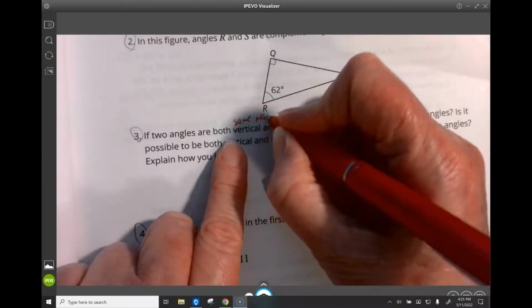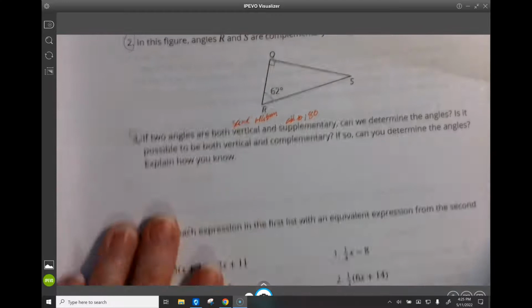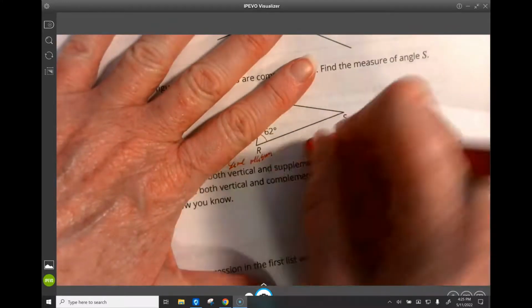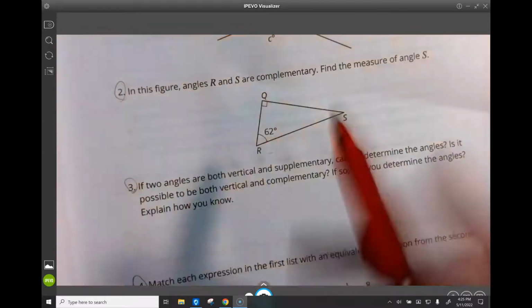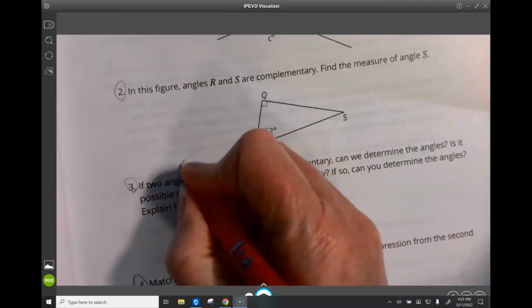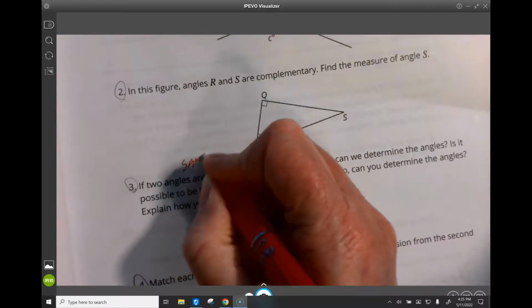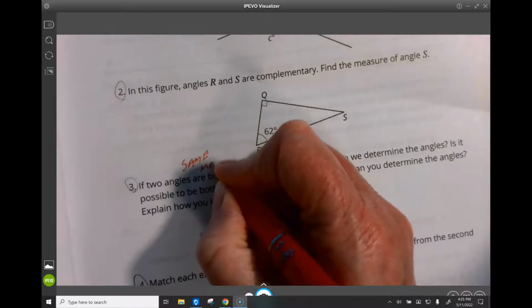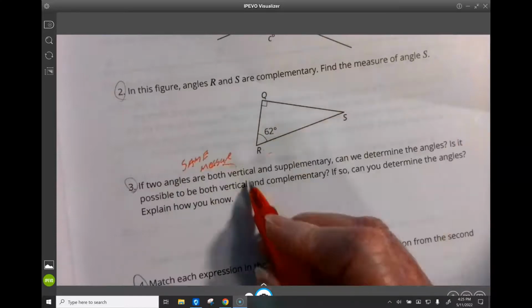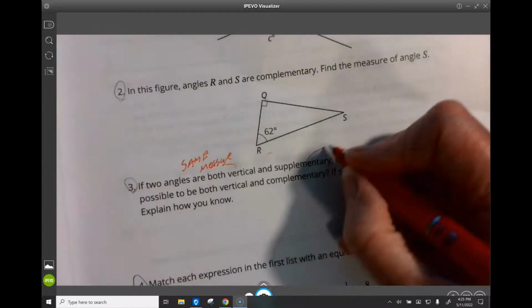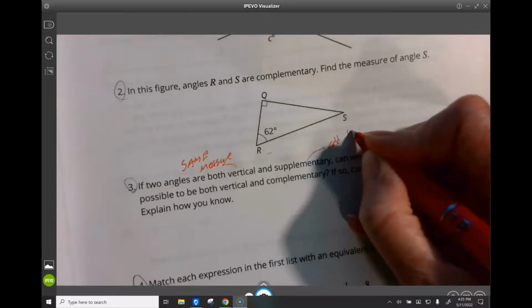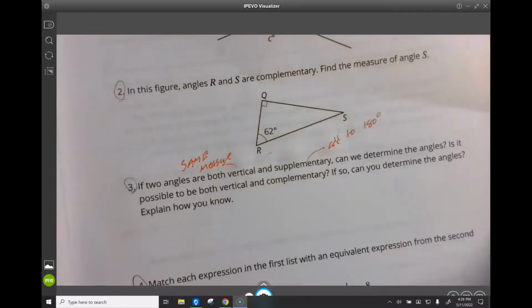Okay, we found out that they're going to have the same measure. So, vertical angles have to have the same measure. Supplementary have to add to 180 degrees.